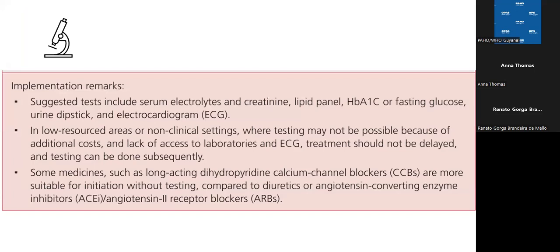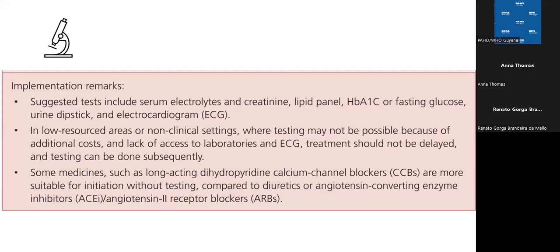Of course, we have to pay attention to implementation remarks. Suggested tests include serum electrolytes and creatinine, lipid panel, glycated hemoglobin or fasting glucose, urine dipstick, and an electrocardiogram, if available.